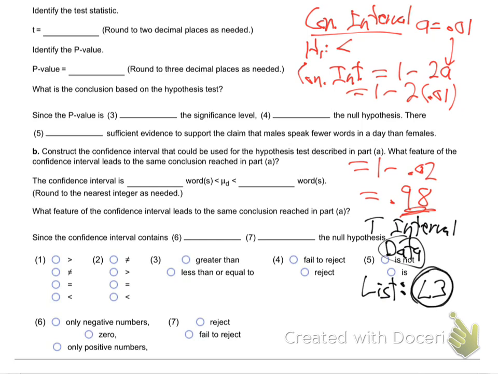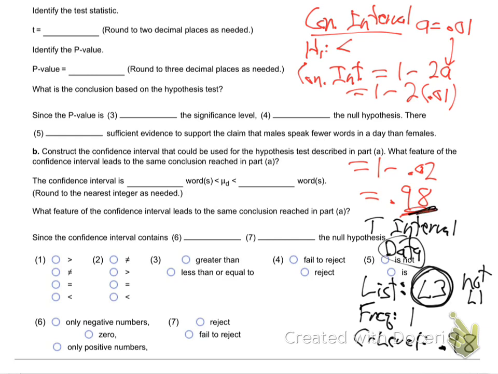L3, right? Make sure you're aware of that, not L1. The data is all in L3. That's where we put all the differences on these matched pair problems. Frequency, that's always 1. The confidence level, again, 0.98, because we just calculated it here.